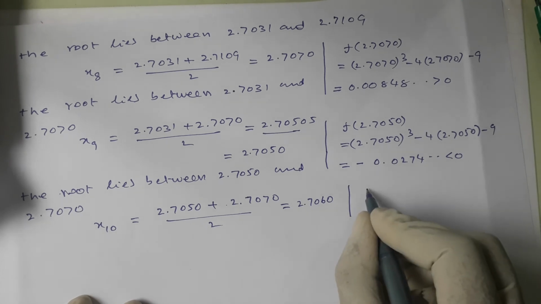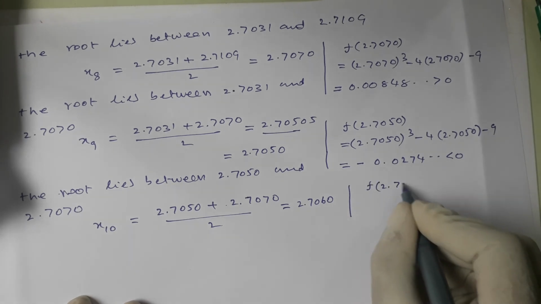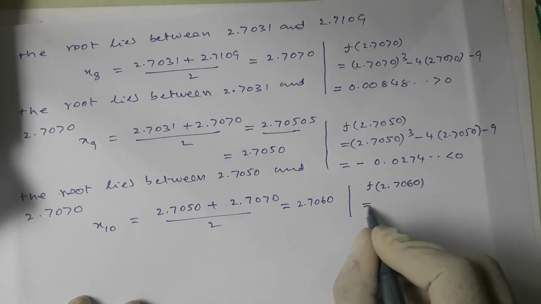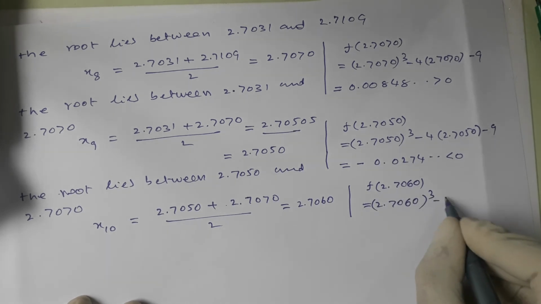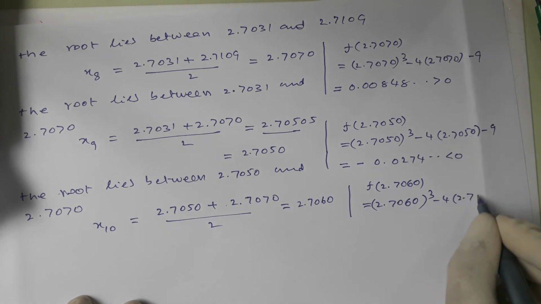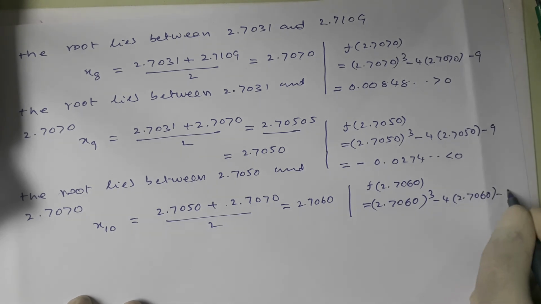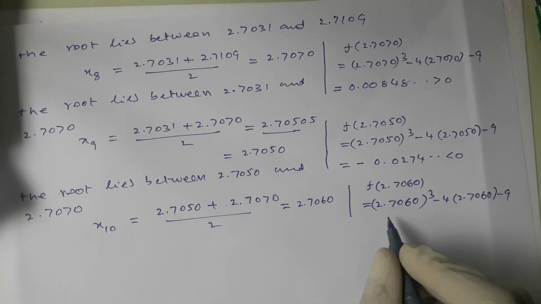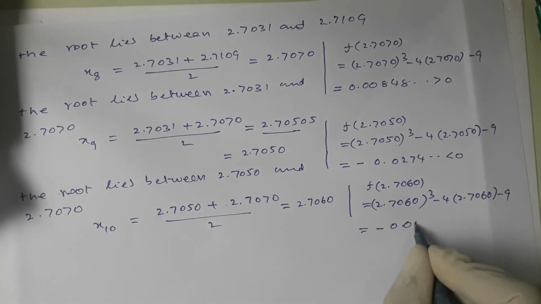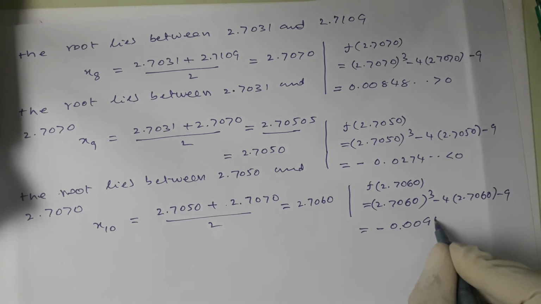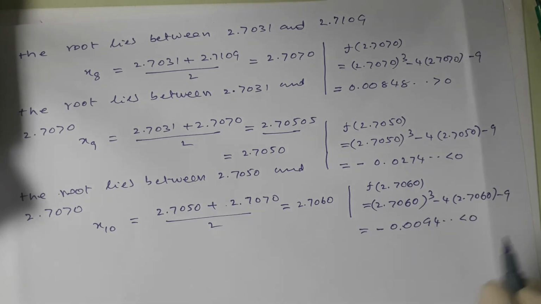So put in the function 2.7060 is equal to 2.7060 whole cube minus 4 into 2.7060 minus 9 is equal to, simplification is minus 0.0094, less than 0.